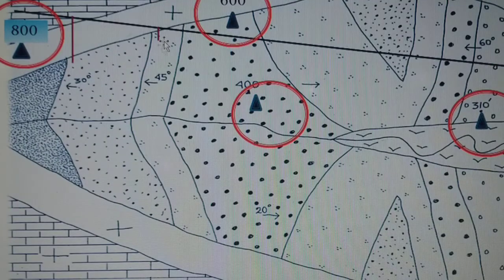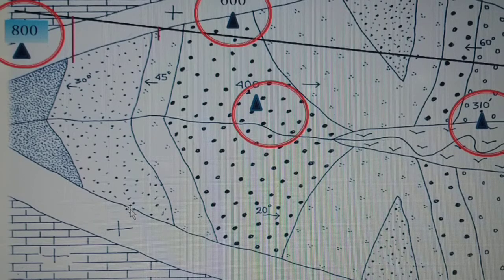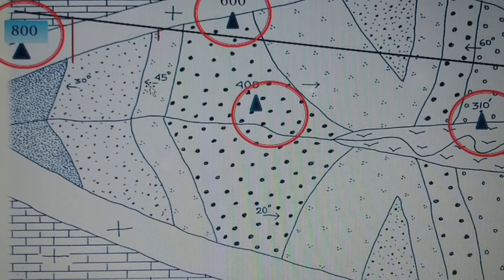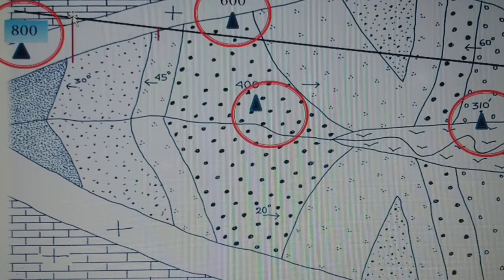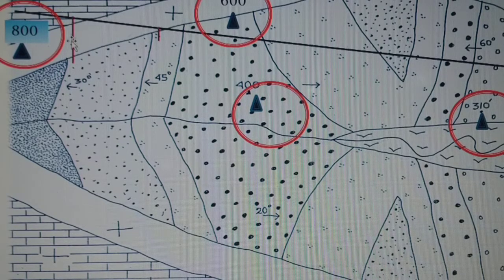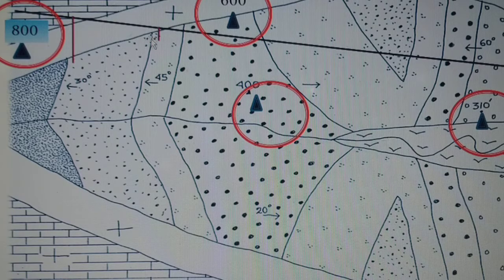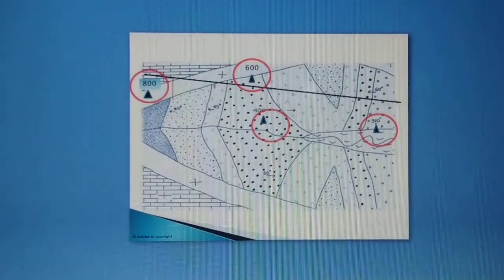This symbol indicates the horizontal structure, and here you can see this is 45 degree, and the arrow mark indicates the direction of the beds. And this black line is a section line, and this red vertical line is actually the interpolated line.